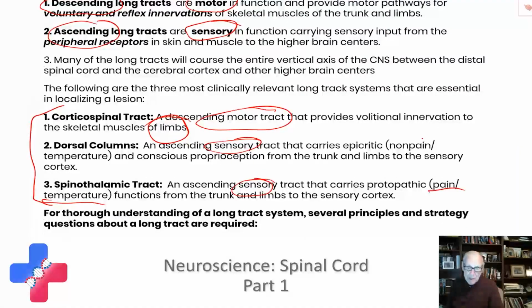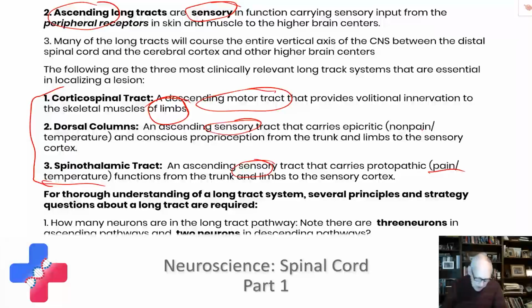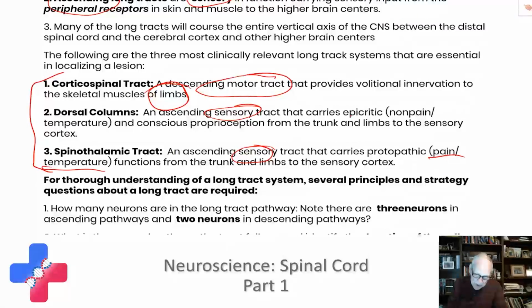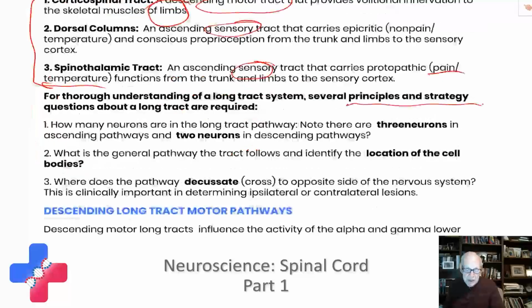Now, among these 3 tracts, notice there are certain principles and strategies that are very important. And these principles and strategies relative to these 3 tracts are these. And so to understand the tract, you have to understand these 3 principles.